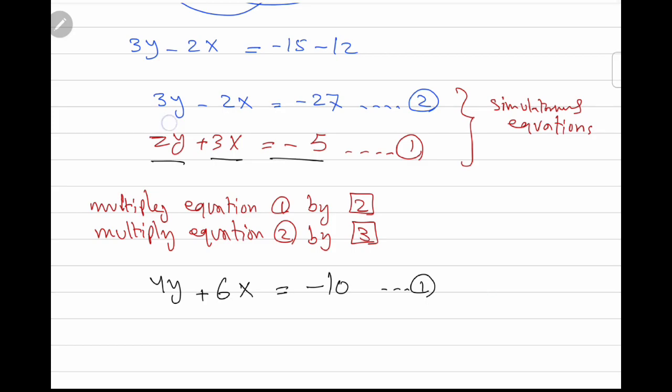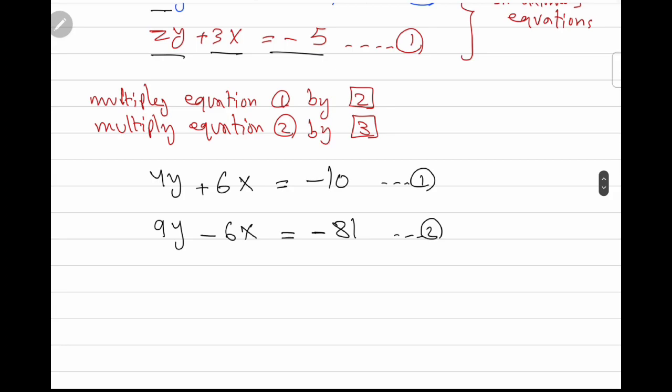Now equation 2, you multiply it by 3, so that will be 9y, 3 times 3y, 9y, minus 3 times minus 2x, so it's minus 6x, equal to 3 times minus 27, so that will be minus 81. And that's equation 2.